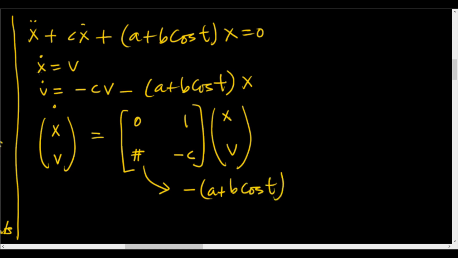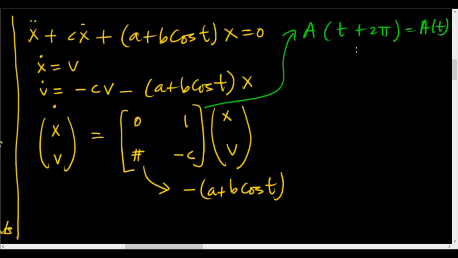If we take this matrix and call it A, then it is clear that A of t plus 2 pi is equal to A of t, which means capital T is equal to 2 pi.